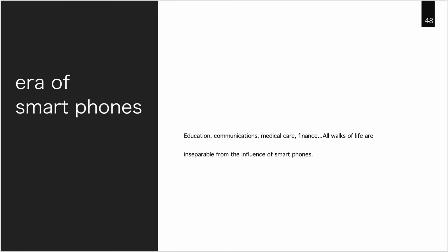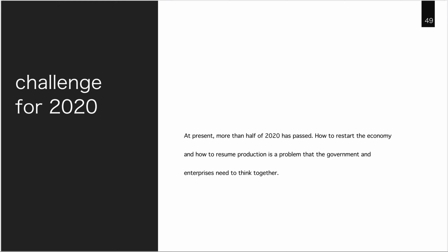Education, communications, medical care, finance, all walks of life are inseparable from the influence of smartphones. At the same time, smartphones are also carriers of various high technologies. So, in the future, the development of smartphones is still important.